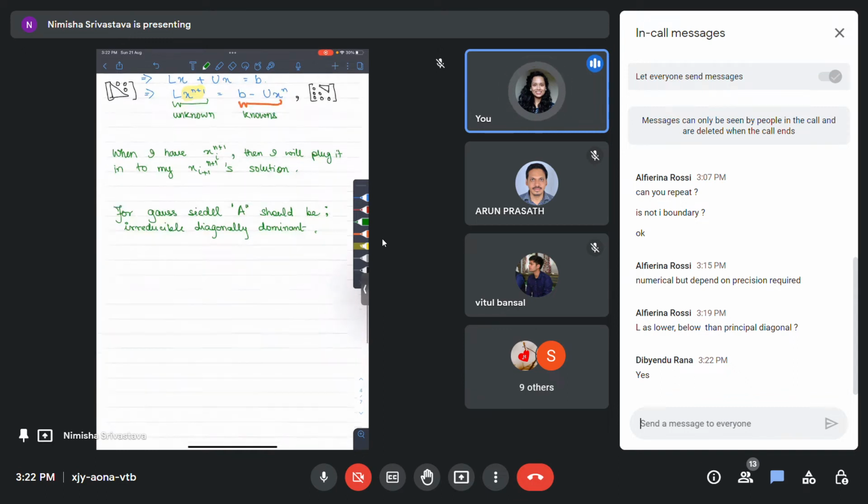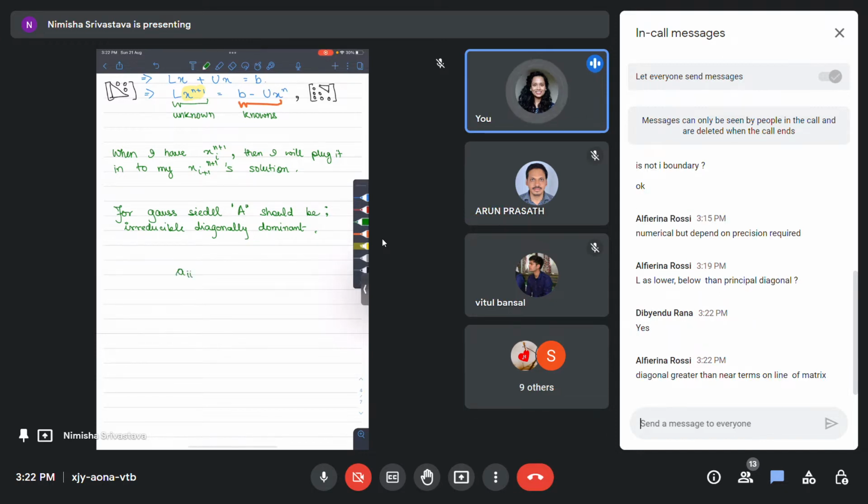So what is diagonally dominant? Can you type in the chat box quickly? I'll give you a few options. I'm just going to write down something. You tell me whether that is a sufficient and only condition for me to apply Gauss-Seidel.